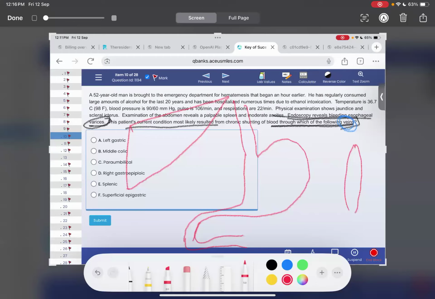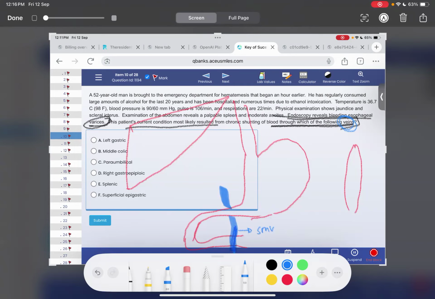Now, here's the vessel that goes above the stomach and enters over here. This is called your superior mesenteric vein.